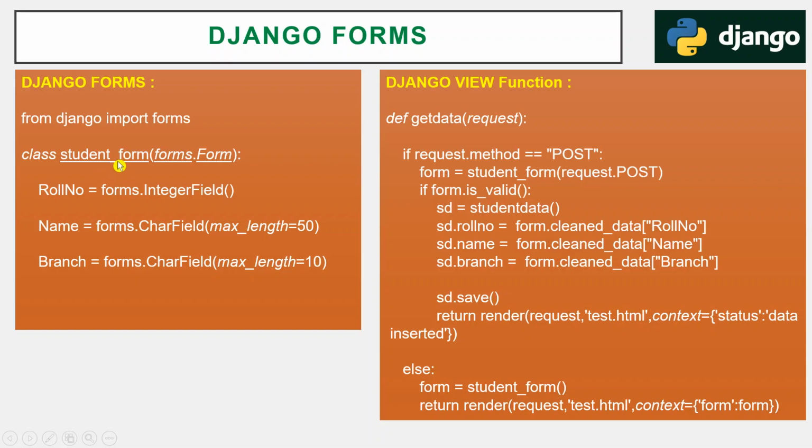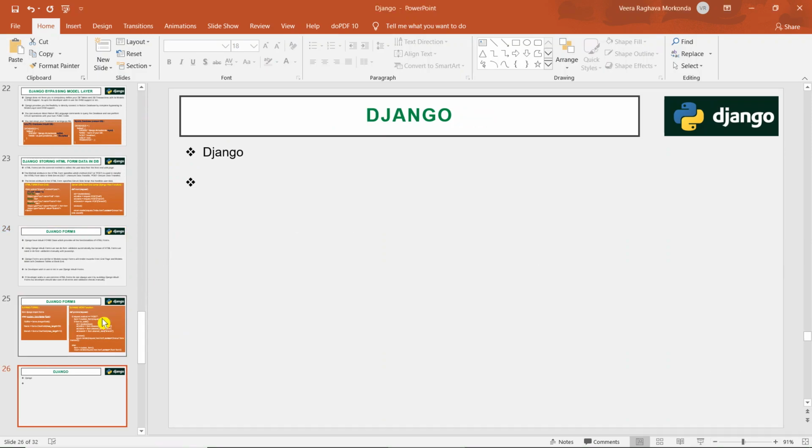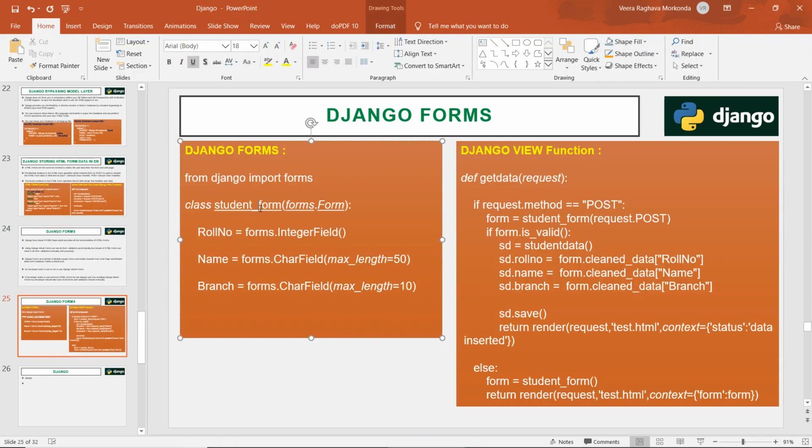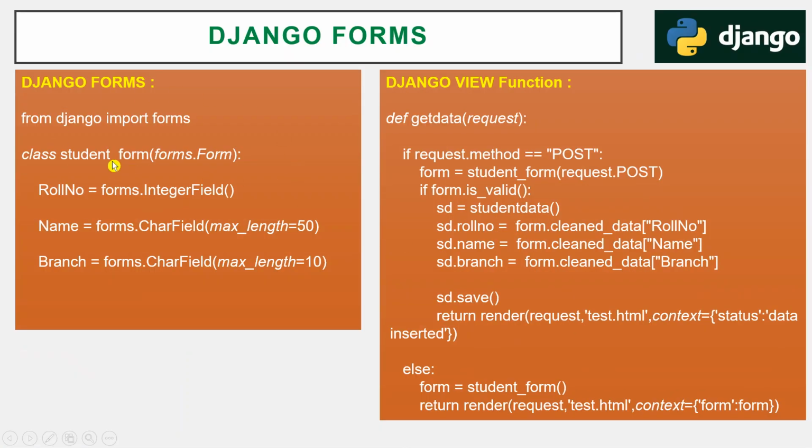Underline is coming here, so let me avoid that underline. Here also no need of underlining. Now it is very much visible to you. So class student_form, that means we are creating the form name, right?